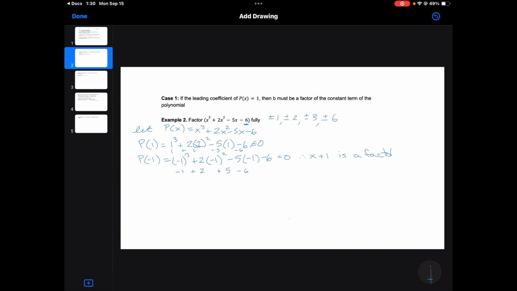So that means that I know that I can write my polynomial in terms of x plus 1 times a separate polynomial function. So this is really my first step here, is I'm finding a factor. And then my second step is that I'm going to divide out that factor.